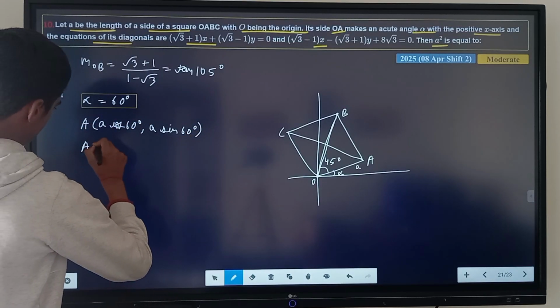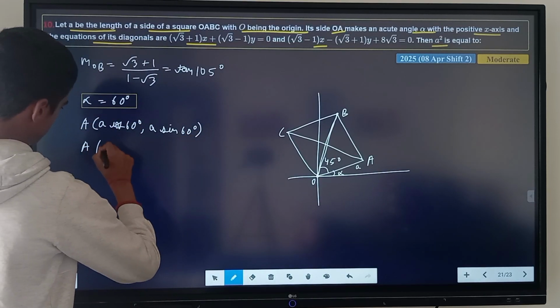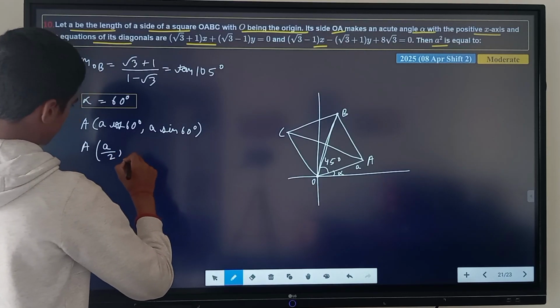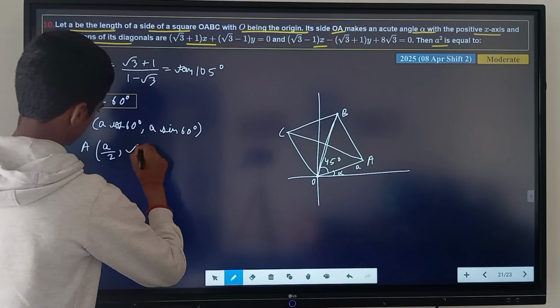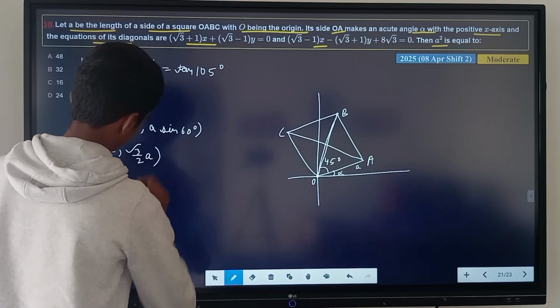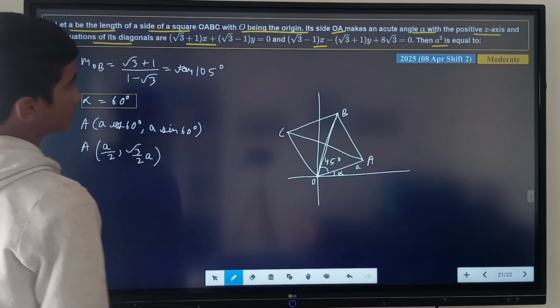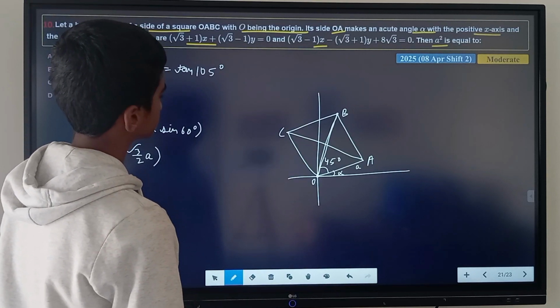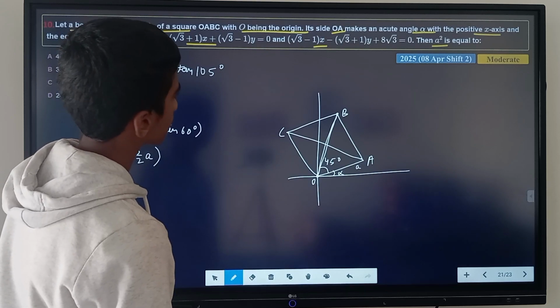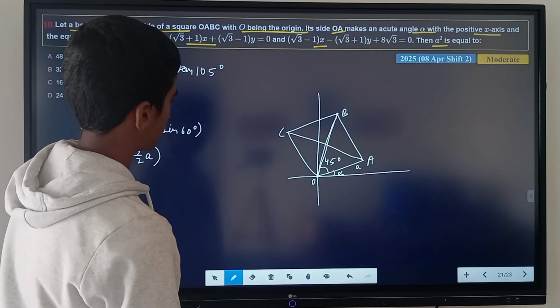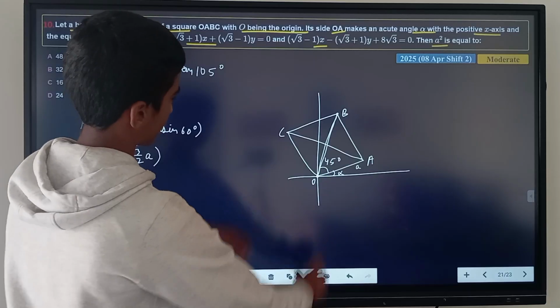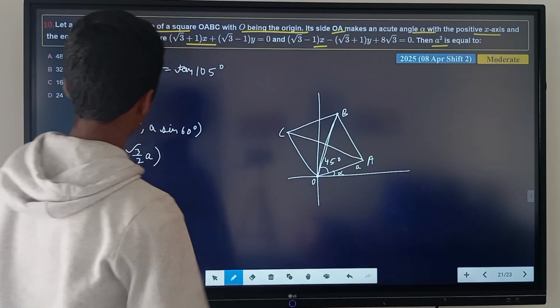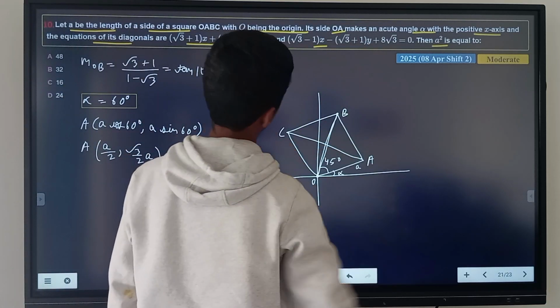From here point A is a upon 2 comma root 3 by 2 into a. Now our point A lies on the diagonal AC, so our point A also lies on this diagonal.